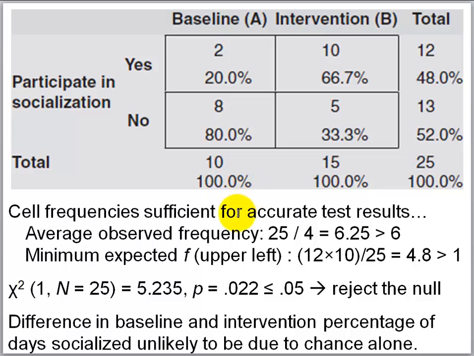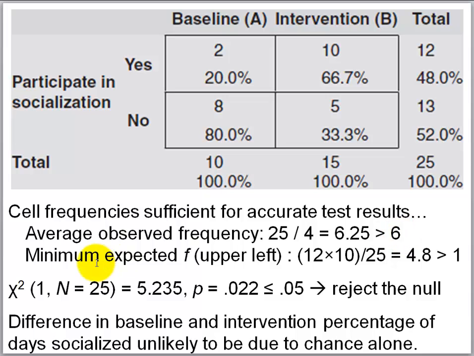For sufficiently accurate chi-square test results, we need our average observed frequency to be greater than 6. So we have 25 observations. We have 4 cells in our chi-square example, 4 cells in the crosstab table. So dividing 25 by 4, we get 6.25, and that is indeed greater than 6, so we're okay.